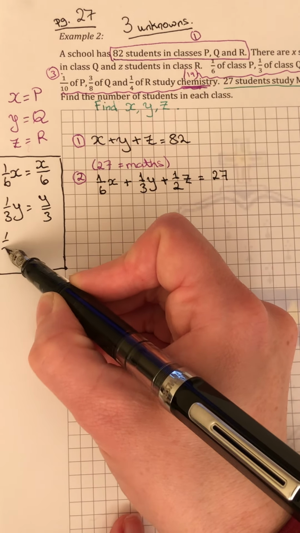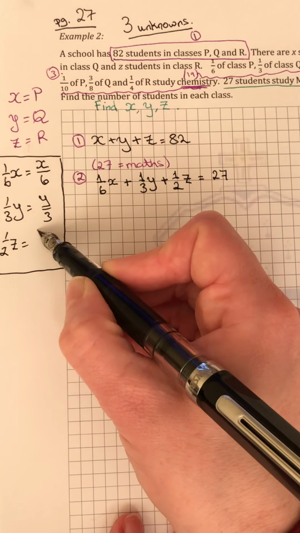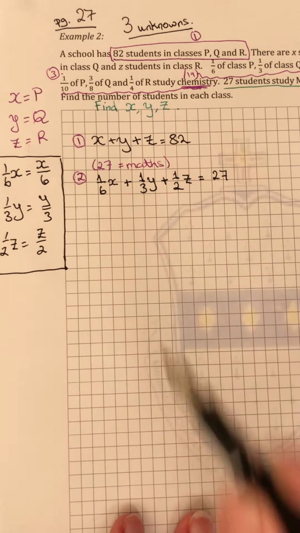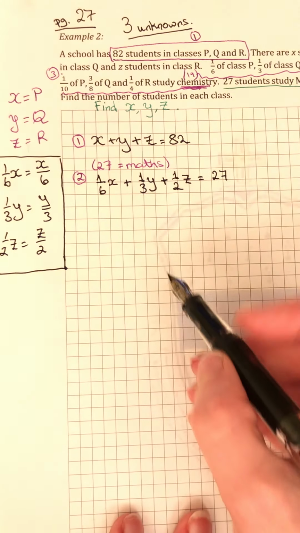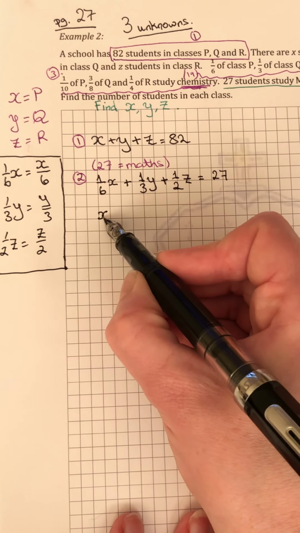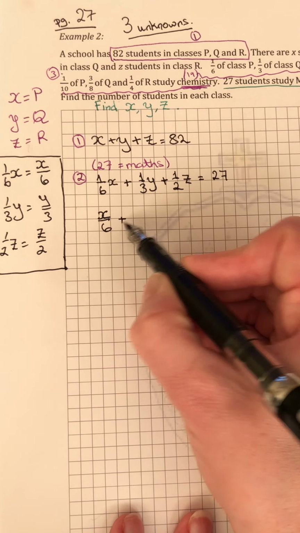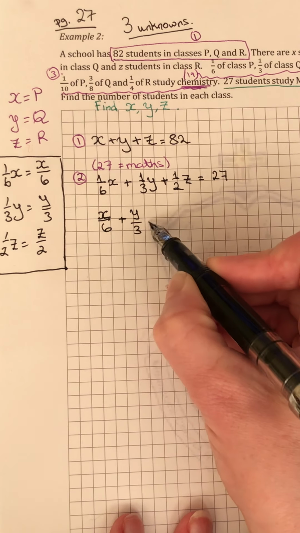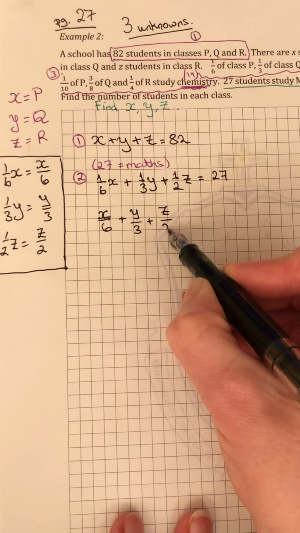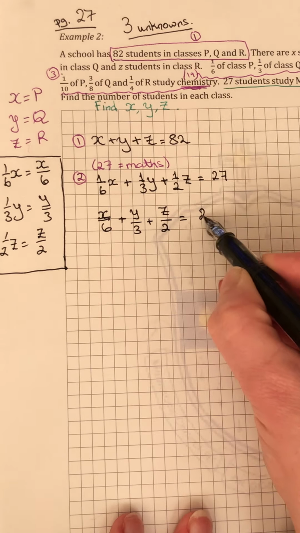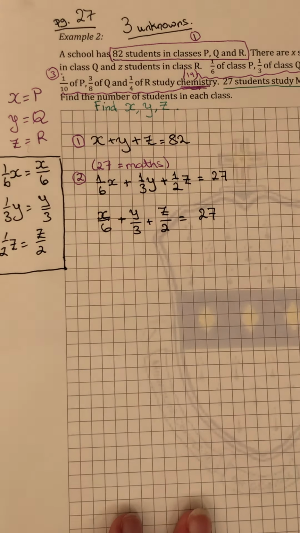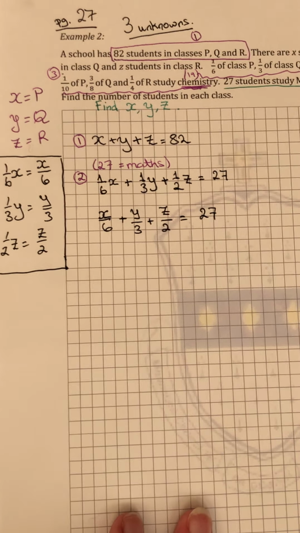And a half of z is the same as z over 2. So I would rewrite this equation as x over 6 plus y over 3 plus z over 2 equal to 27. And I would get rid of the fraction straight away.